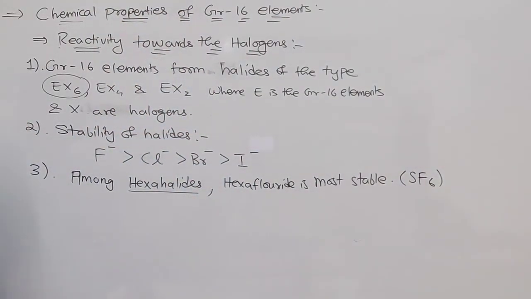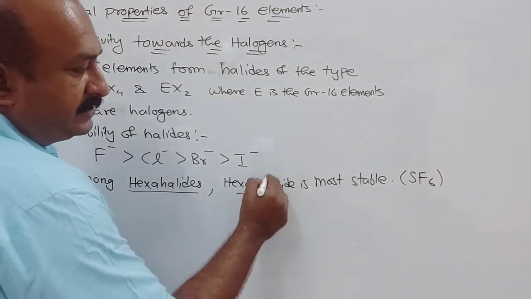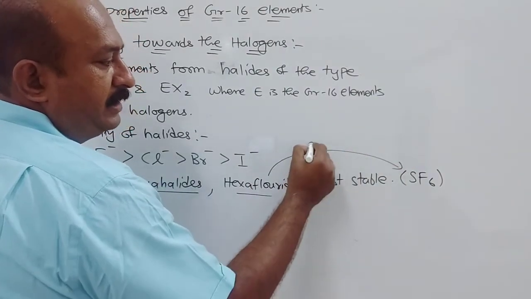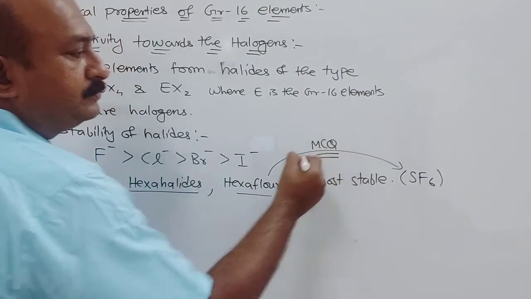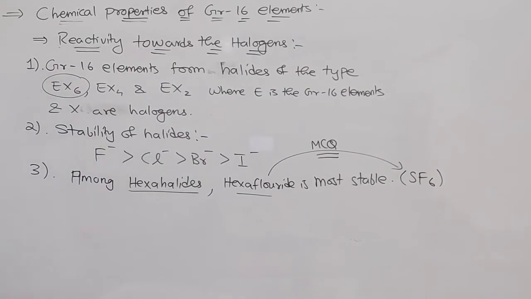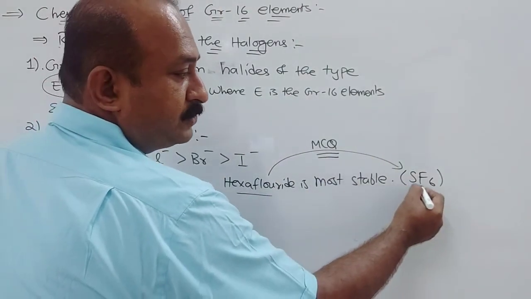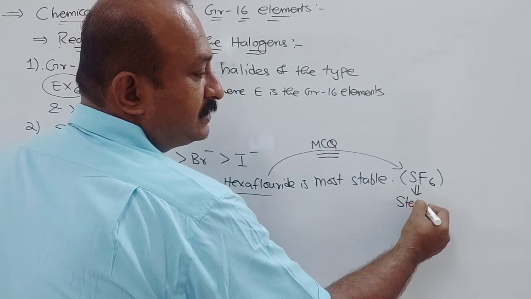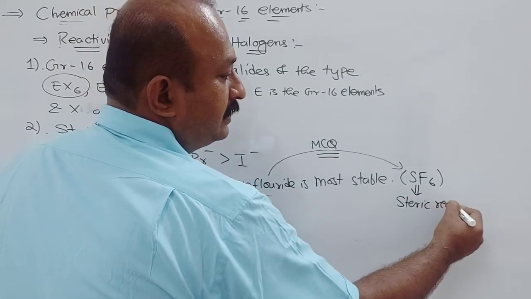Which is the most stable hexafluoride? SF6 is the most stable. It can be asked for MCQ. Out of all the hexafluorides, sulfur hexafluoride is the most stable. If a reason is asked why sulfur hexafluoride is more stable, it is due to steric reasons.